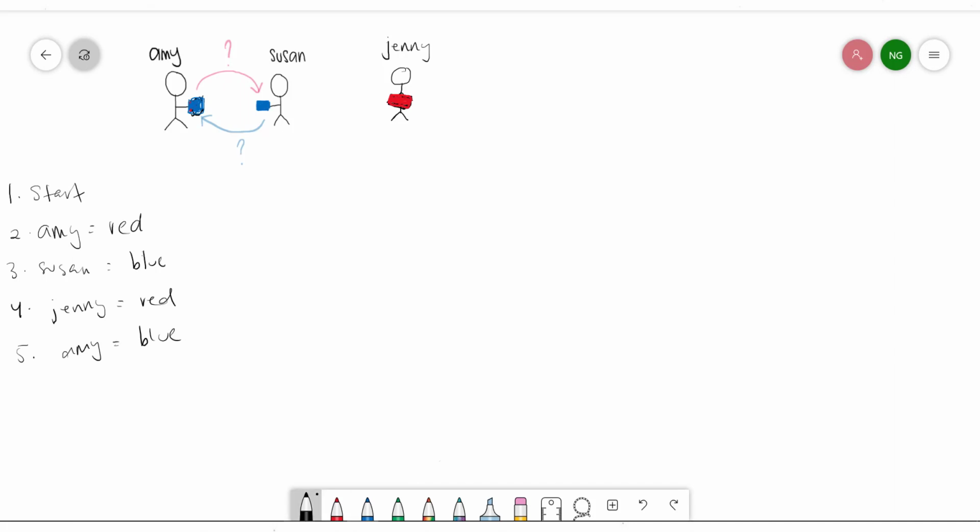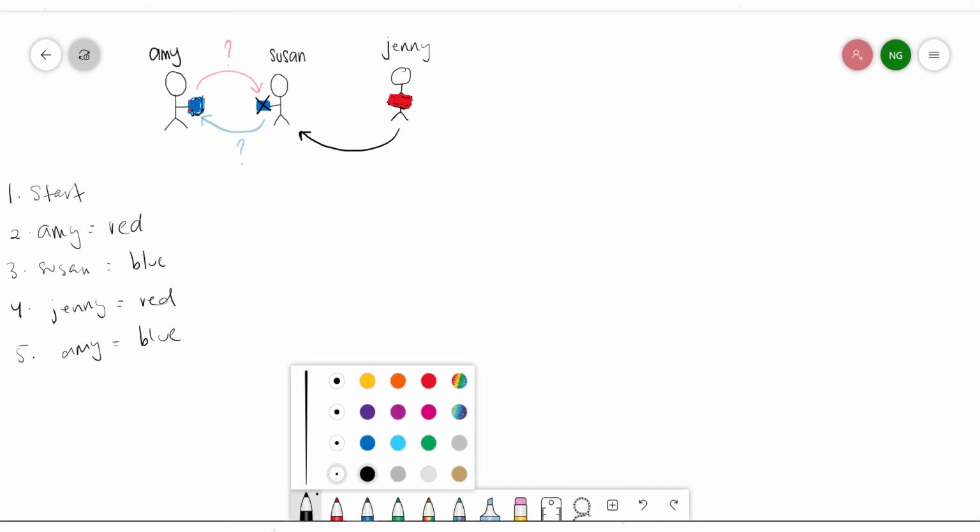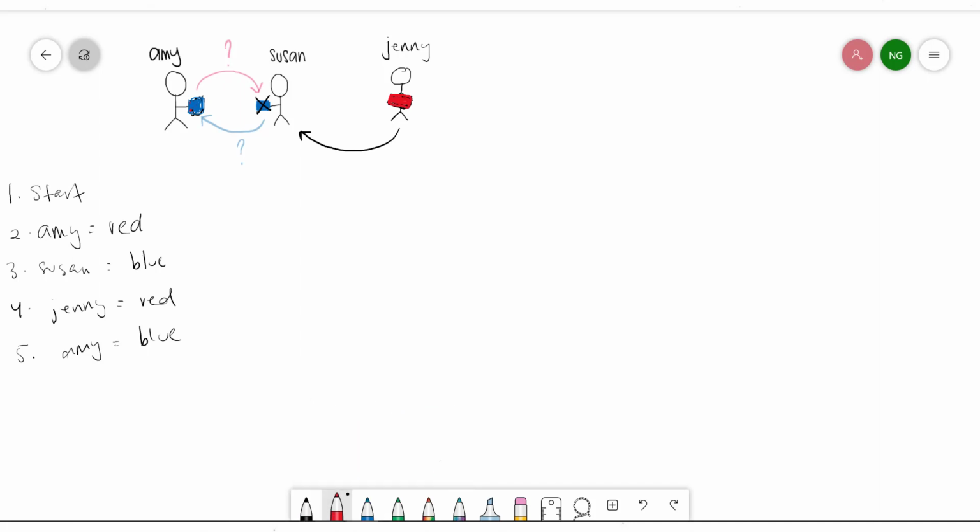Since Amy is holding a blue box, Susan will now have an empty hand. So what can we do now? We can tell Jenny to give the red box back to Susan. Since Jenny will be giving Susan the red box, now Susan will hold the red box.